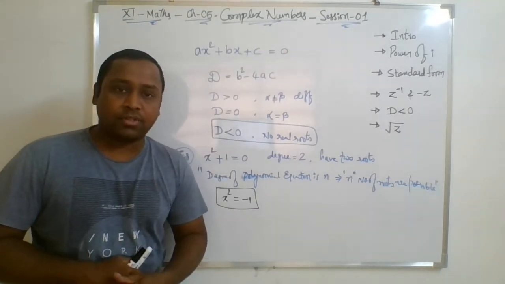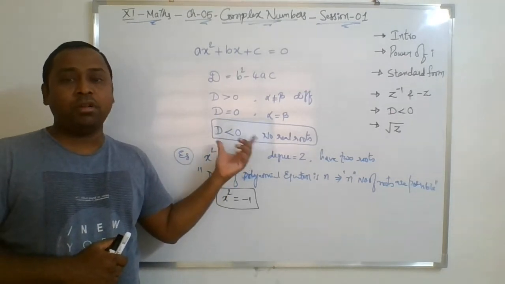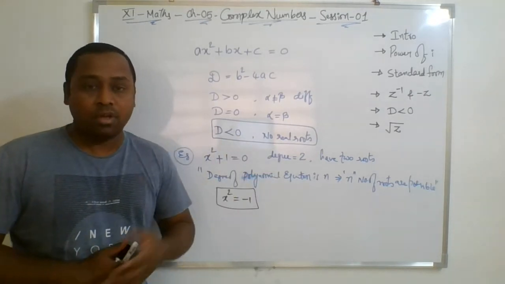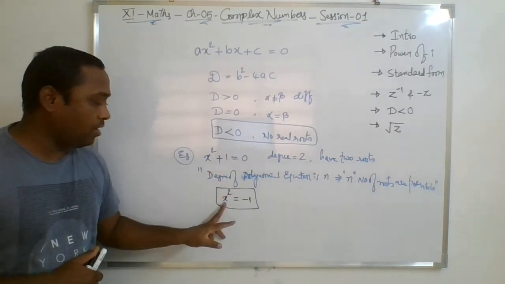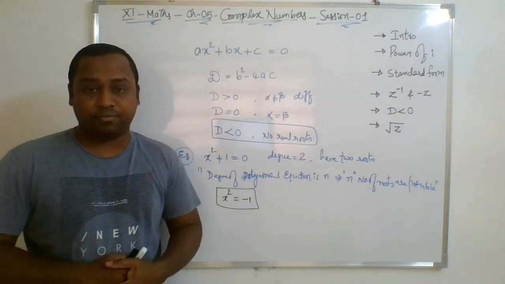In that number system, you will be able to find the roots of a quadratic equation where the discriminant is less than 0, where this type of equation exists, where the square of a number may be negative.